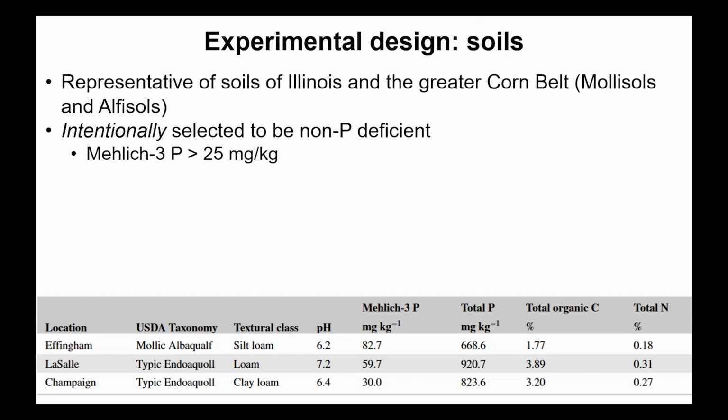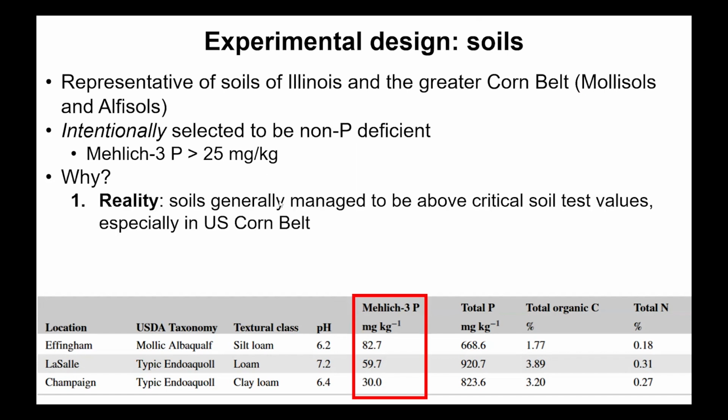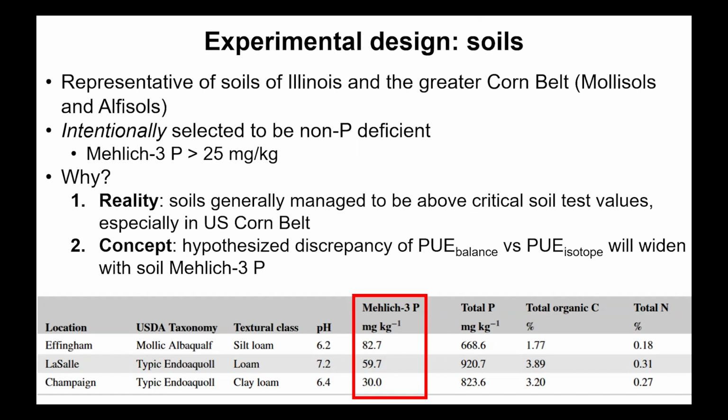The point, though, is that these soils represent what farmers are doing. This is realistic. Farmers are not letting their soil test values fall below the threshold of deficiency in general. And second, it allows us to test a hypothesis that the discrepancy between these two methods will widen. It'll be larger in value difference as you have a higher amount of soil Mehlich-3 P because there's more P in the system.